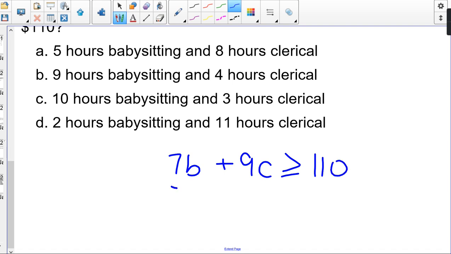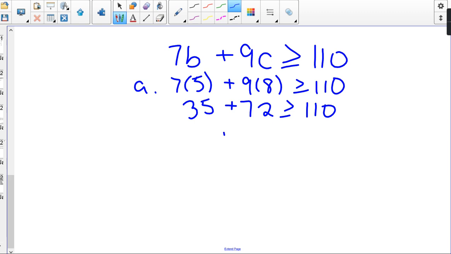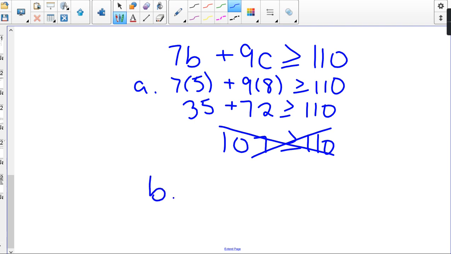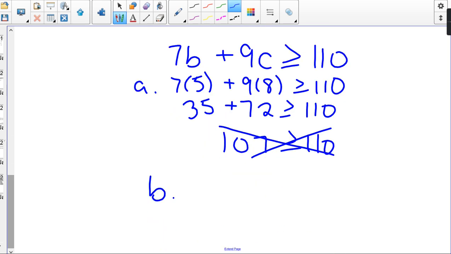Let's try the first one. 7 times 5 hours and 9 times 8 hours. Okay, so we're checking choice A. So that's 35 plus 72, and that is $107. Nope, doesn't work. Let's try choice B. So choice B was 9 hours and 4 hours.